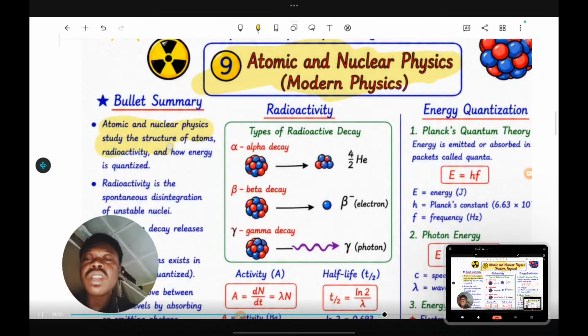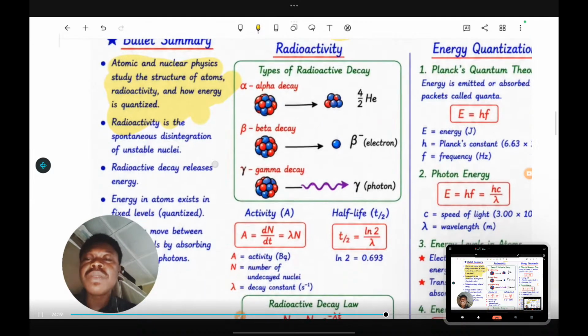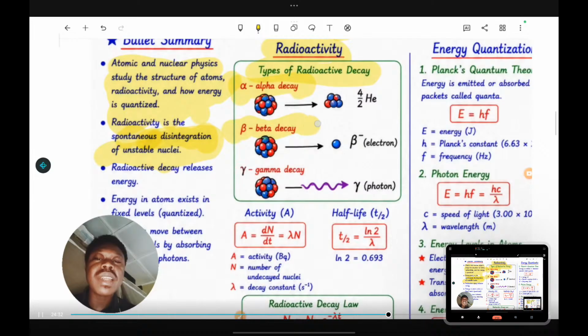Atomic and nuclear physics study the structure of atoms, radioactivity, and how energy is quantized. And radioactivity is the spontaneous disintegration of unstable nuclei. All right. Now, types of radioactive decay: we have the alpha decay, the beta decay, and the gamma decay.